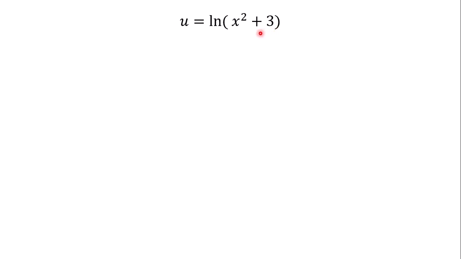I hope you are not confused. Let me say it again. I said the derivative of this one is just 2x. And that 2x is going to be multiplied by the derivative of natural log of x squared plus 3.